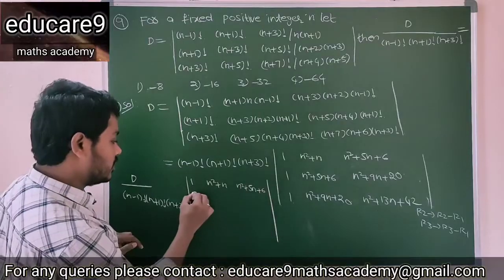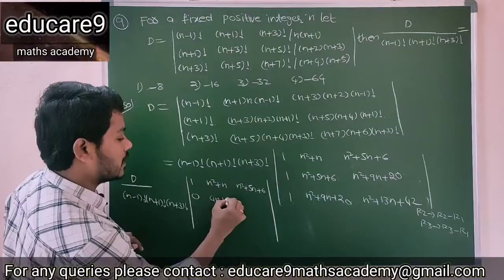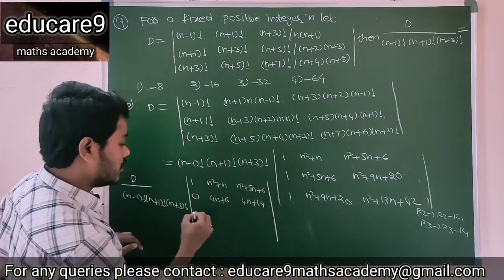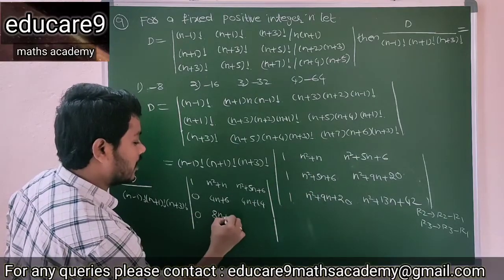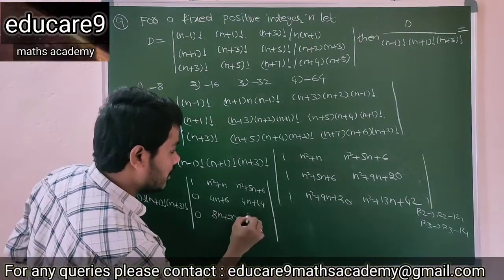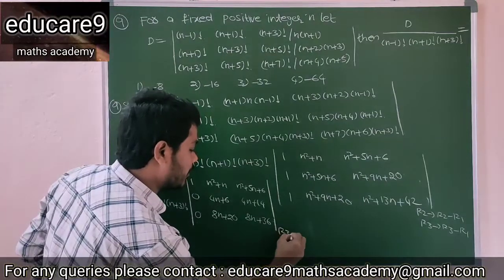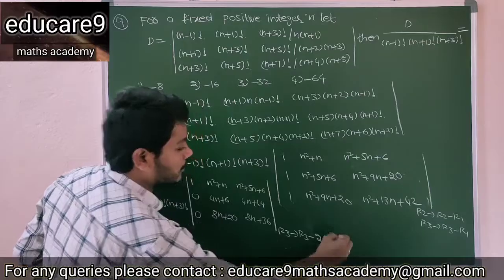Next here 0, here 4n plus 6, next 4n plus 14, so next 0, 8n plus 20, next one 8n plus 36. R3 implies R3 minus 2R2.